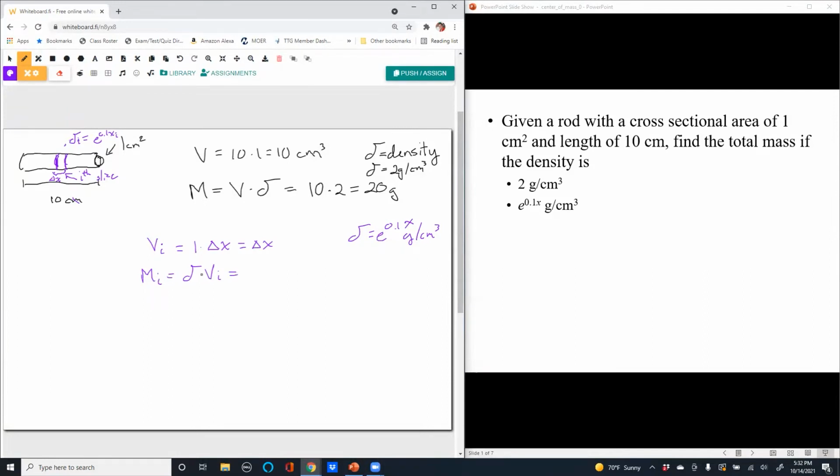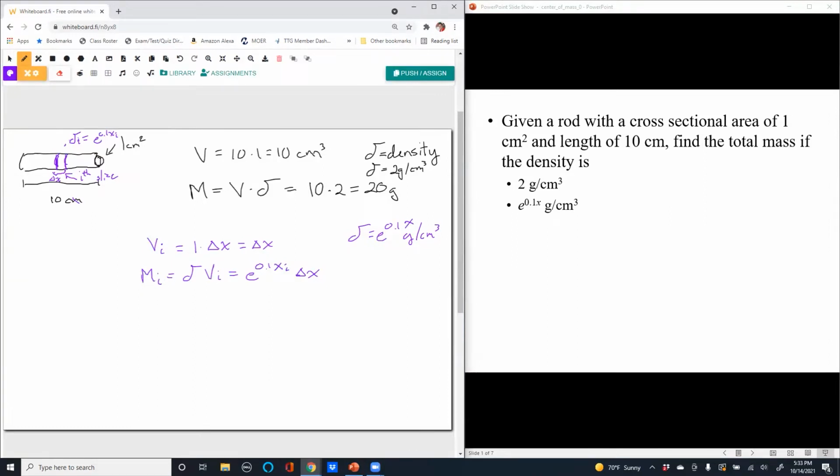So all we have to do now is take the density, which is our e, and this is just on the ith slice. So I'm going to put the sub i there, delta x. All right. I added the delta, which is this guy here, onto what we already had for V sub i. So we're kind of building in steps.